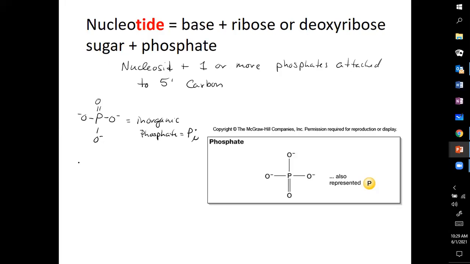Now, when you attach this to some organic molecule, like a ribose sugar, here are 2 negative charges. This R group is just a placeholder for an organic molecule, so it's a generic organic. Then it is now an organic phosphate.